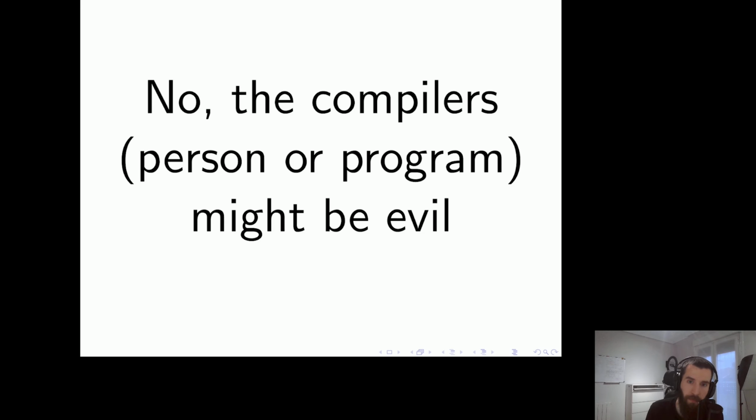And we don't know if the compiler that compiled this was a correct compiler. If we continue to do so, we are probably going to reach a point that makes us think, where are the compilers coming from, right? That's the main issue we're dealing with here. So as I said, the compilers, whether a person or a program, might be evil, and they might be introducing weird functionalities.